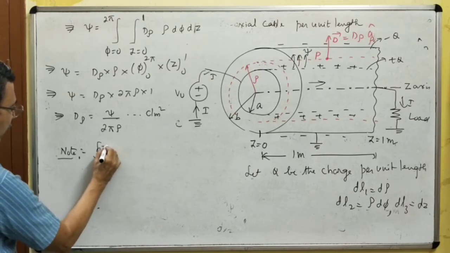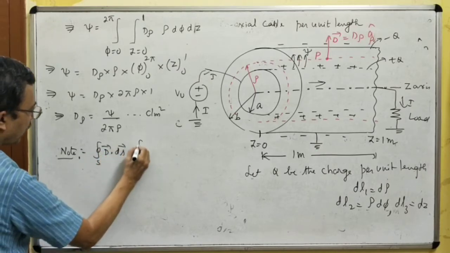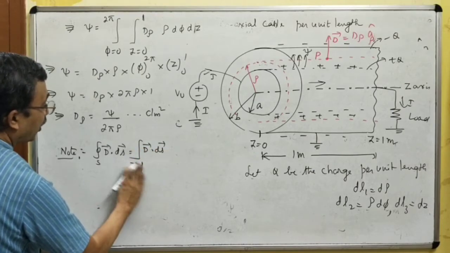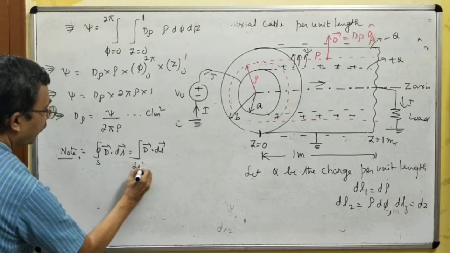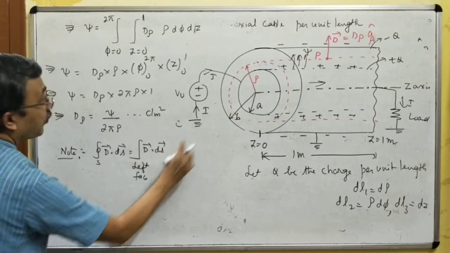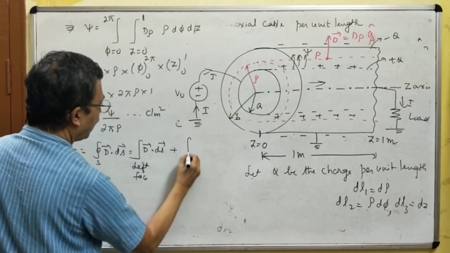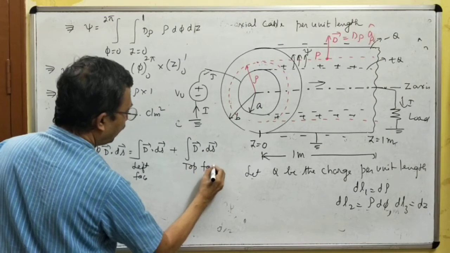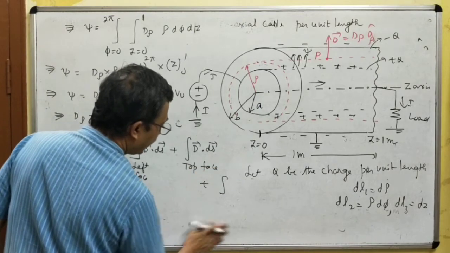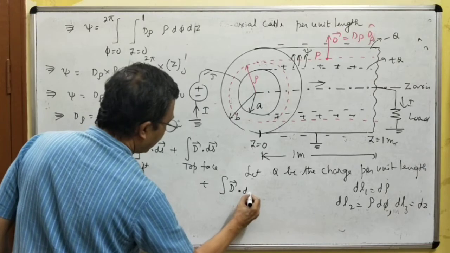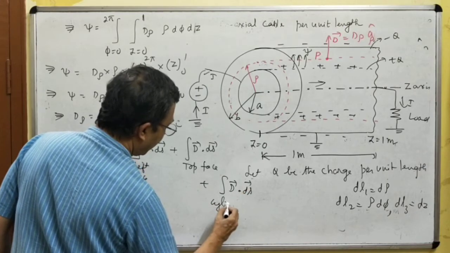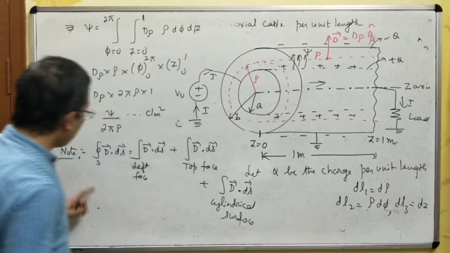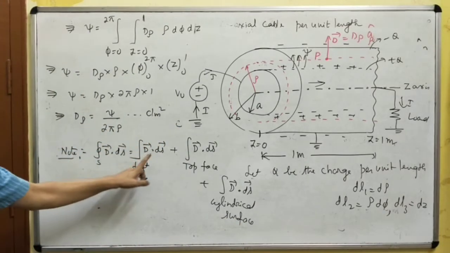Closed surface integral vector d dot ds is equal to integral d dot ds for the left face, plus integral d dot ds for the right face, plus integral d dot ds for the cylindrical face or cylindrical surface. So what is important is the closed surface integral is made up of 3 open integrals.